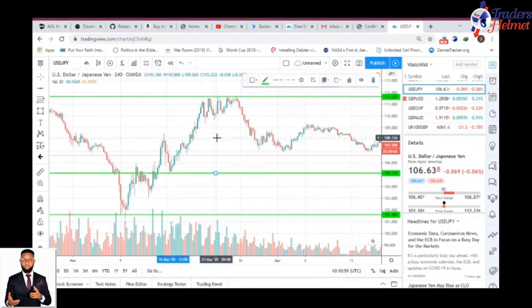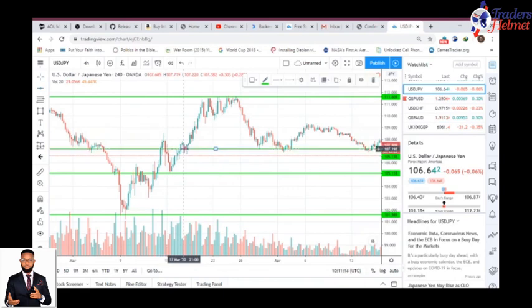Price touches this area so many times, and in between, price also had a lot of play in this area as well. You can see a lot of candle wicks terminated here, here and here.